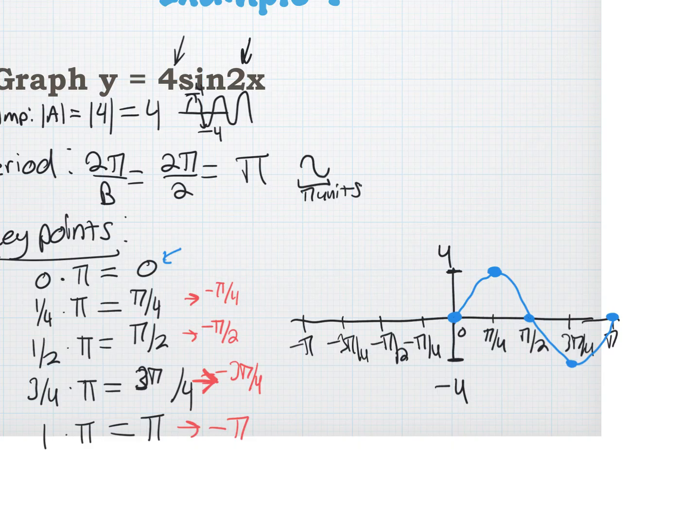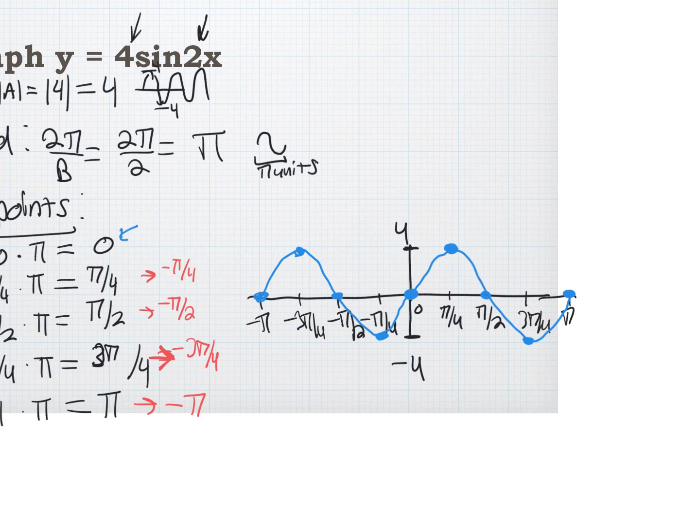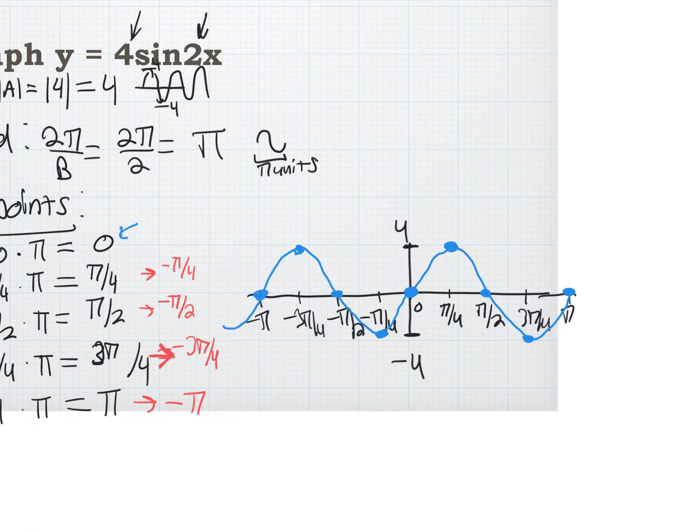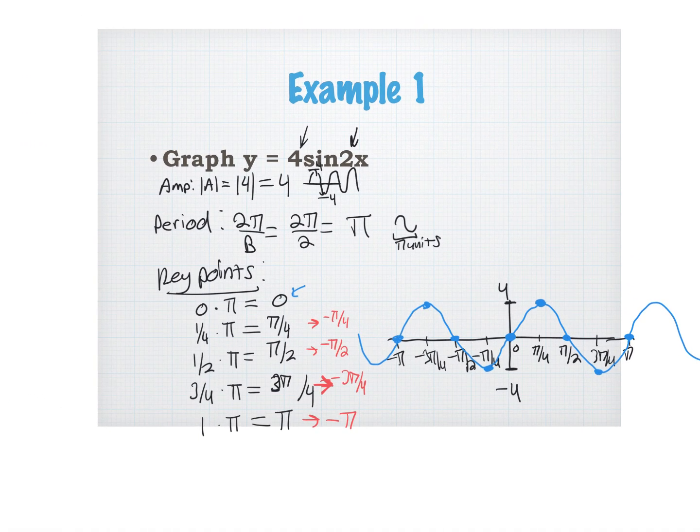Then you want to go in the opposite direction, making sure you have this exact same cycle. So it's going to go down, back to the middle, all the way up to the amplitude, and then back to the middle. So these 2 periods that you just drew should be identical. And then it's going to go forever and ever in both directions. The rest of it we don't really care about, as long as you have that general pattern. But that's really it.